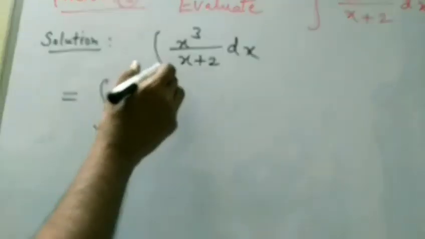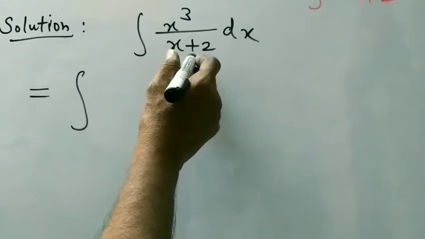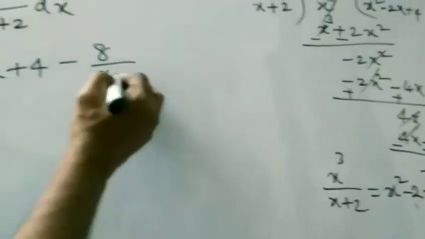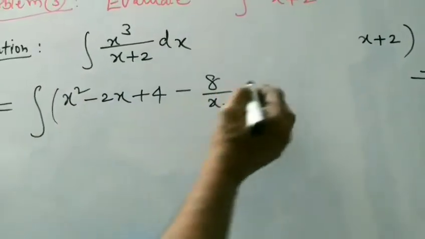So now we have to substitute: the integral of x cube by x plus 2 dx is equal to the integral of x square minus 2x plus 4 minus 8 by x plus 2, whole dx.